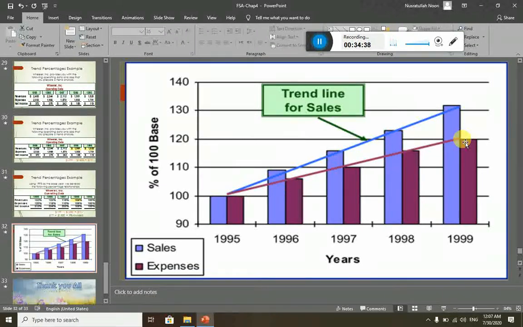In order to present different analyses in a graphical way, we use the trend analysis. We can use trend analysis alongside horizontal analysis, vertical analysis, common size, and index. For example, here the trend analysis was used to interpret the results of the indexed analysis, right?